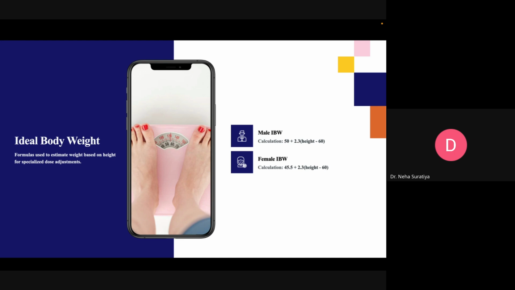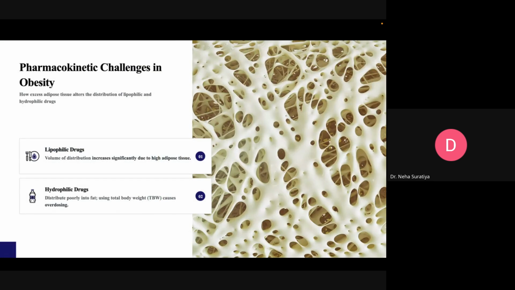First, understand the pharmacokinetic challenges the obese patient is having, and then we will see how exactly it is calculated. This slide explains the drug-specific behavior in obesity, guys. I already explained this. Lipophilic drugs increase volume of distribution, and the drugs hide in the adipose tissues, so there is a risk of underdosing initially and toxicity later.